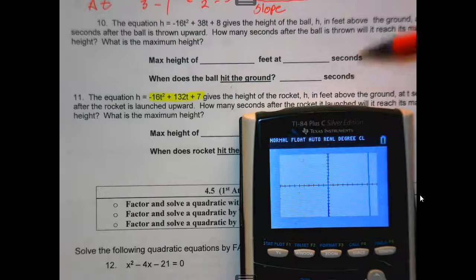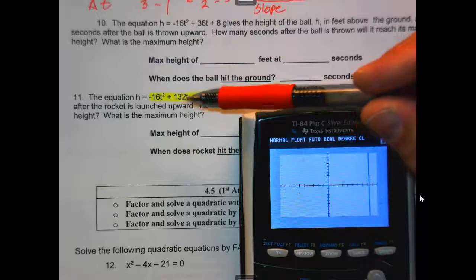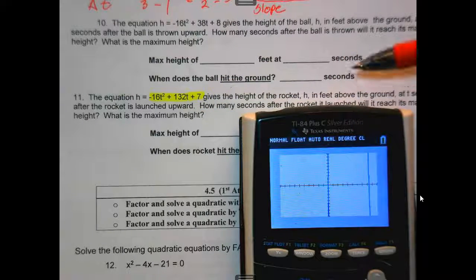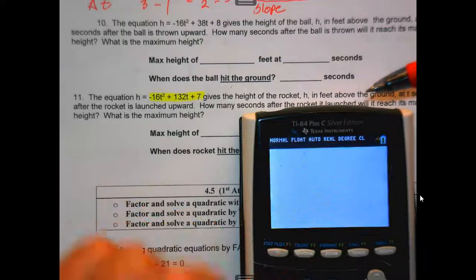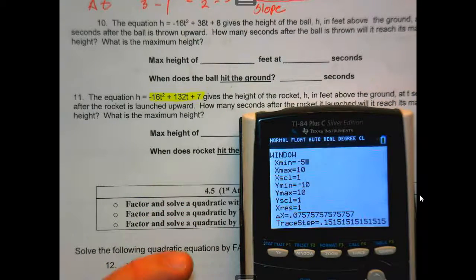Okay, so my vertex is way up here. This is a pretty big number. This is 132 for my velocity, right? So I'm going to try putting in 150 for my y max, just to see what happens. My minimum, I like to put at -5. I just like to start there.